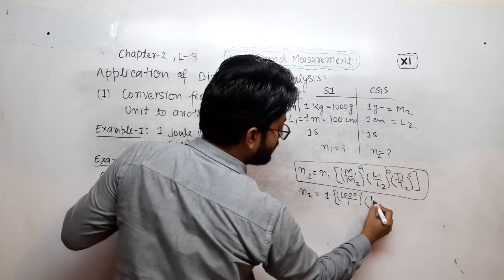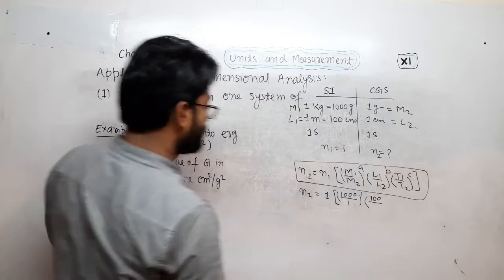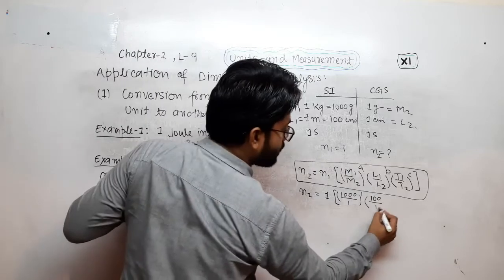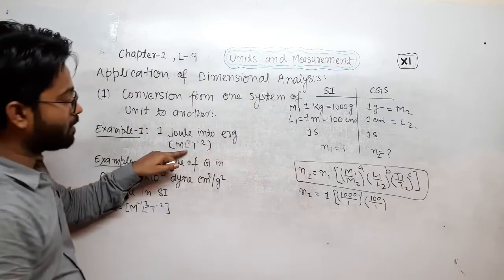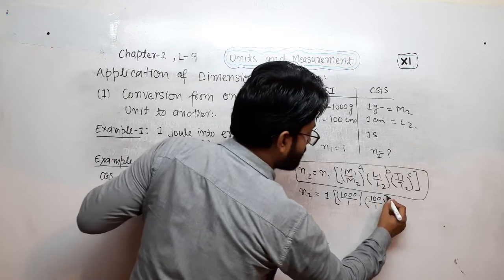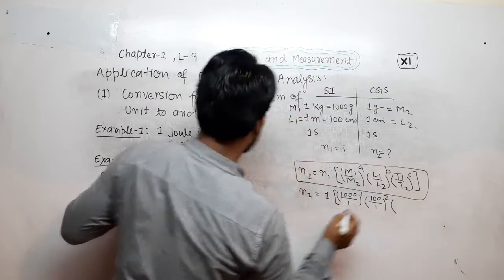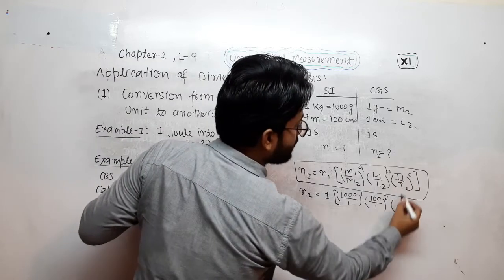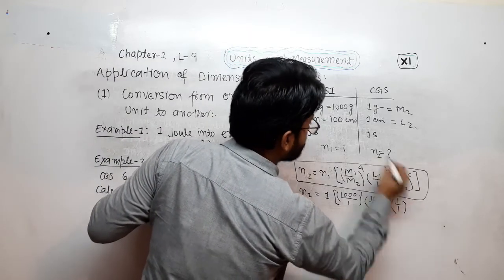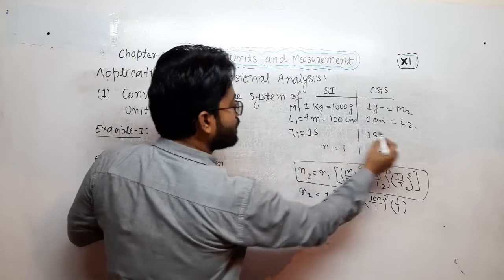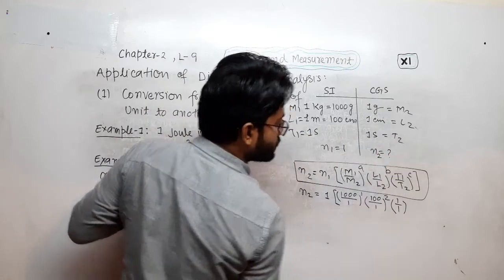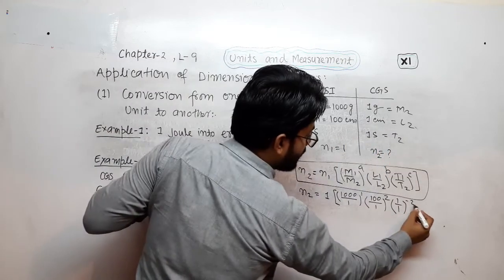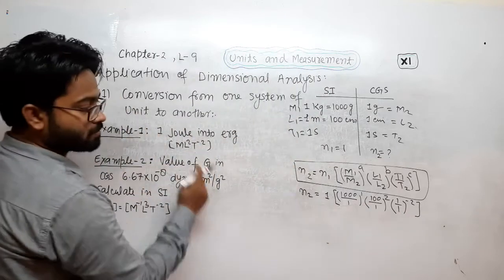L1 is 100 upon 1, to the power b, L squared means power 2, and T1 upon T2, where T1 is 1 and T2 is 1, to the power minus 2.